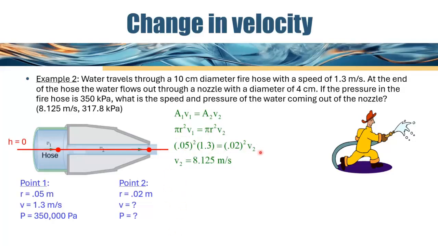And so I plugged in my values and I find out that the velocity at point 2 is 8.125, which makes sense: the velocity was 1.3, and now because the path narrowed, it's now 8.125, so that's looking good so far.